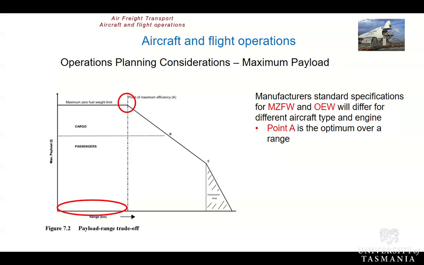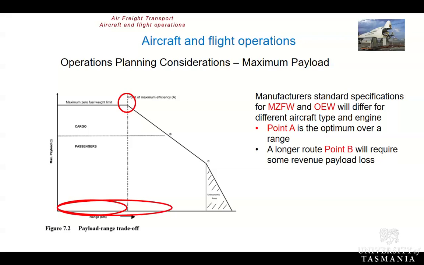Now, at point B, as you can see, the distance is getting longer. Over a longer distance, as you would expect, there's going to be greater fuel burn, so you're going to need more fuel. If you need more fuel, you've got to take something out of the aircraft, so you're impacting the payload.